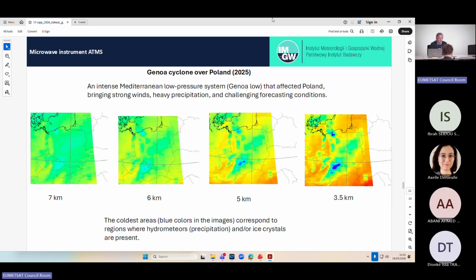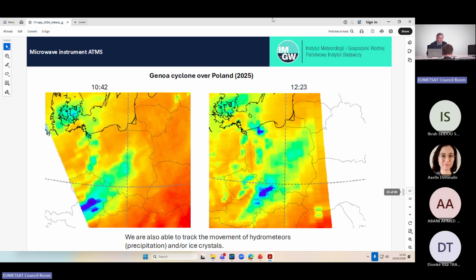And we can see how hydrometeors look at different heights: 7 kilometers, 6 kilometers, 5 kilometers, and 3.5 kilometers. We are also able to track the movement of the hydrometeors, and so we can track precipitation or changing dynamics in the cloud.